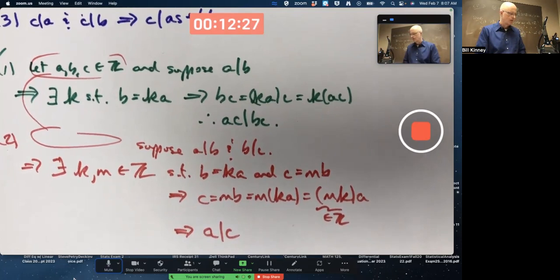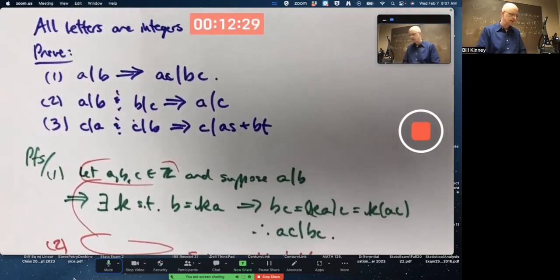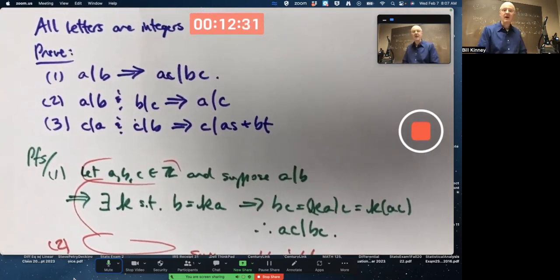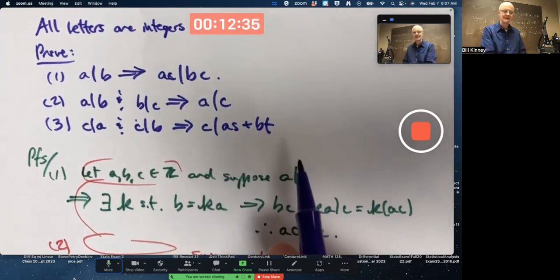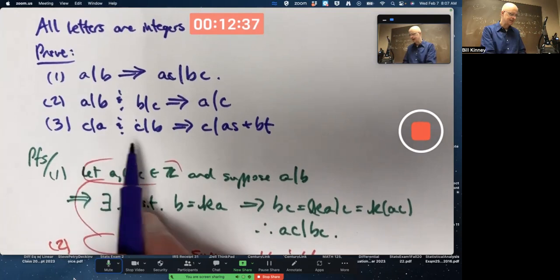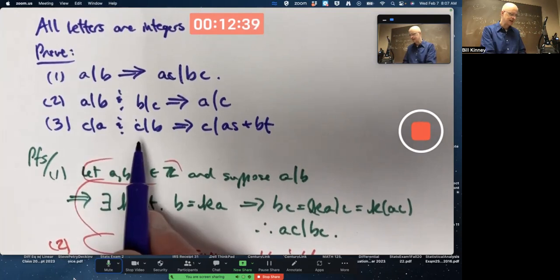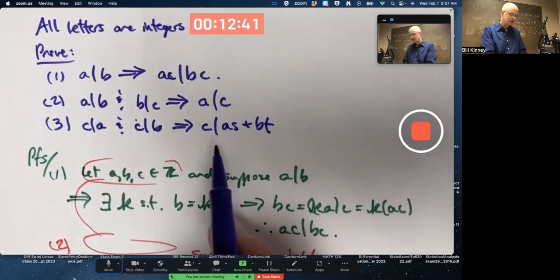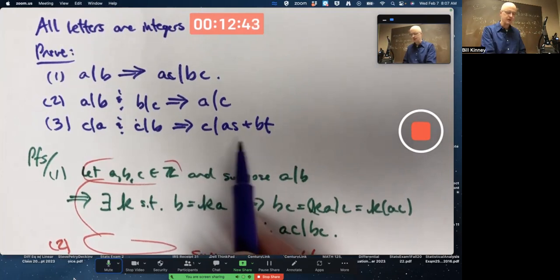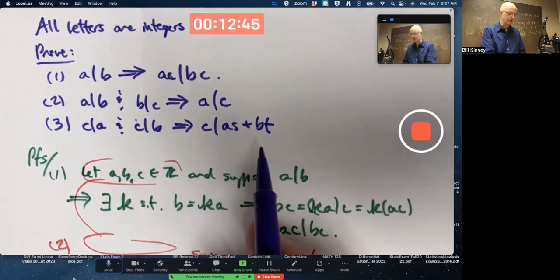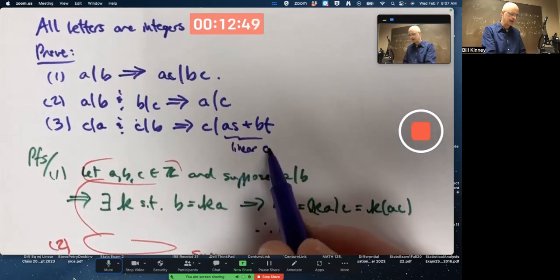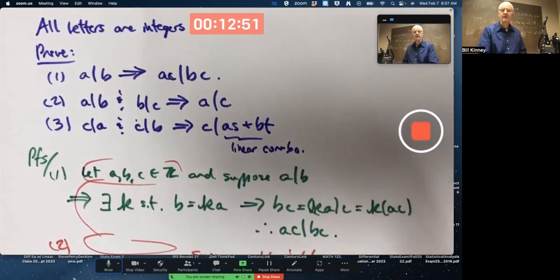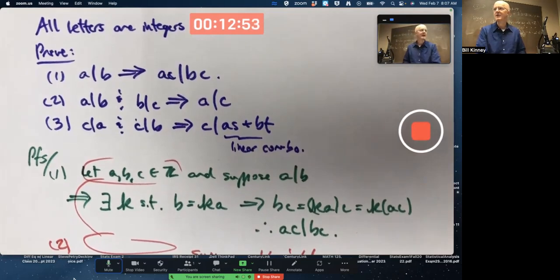For the third property, give me 5 arbitrary integers, A, B, C, S, and T. Suppose C divides A and C divides B. Show that C divides this arbitrary linear combination of A and B. That's a linear combination, just like in linear algebra, although in linear algebra, you did linear combinations of vectors.